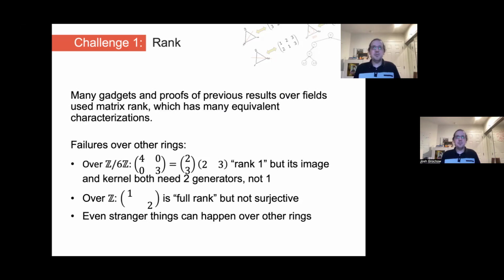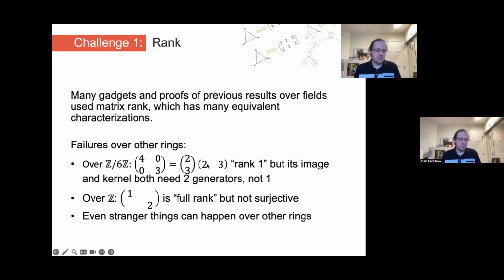And over fields, matrix rank has, I don't know, 7 or 8 different characterizations that are all equivalent. But over other rings, those characterizations are no longer equivalent. So just as some examples, over the integers mod 6, if I take the diagonal matrix 4, 3, this can be factored as the column vector 2, 3 times the row vector 2, 3, or the outer product of these two.